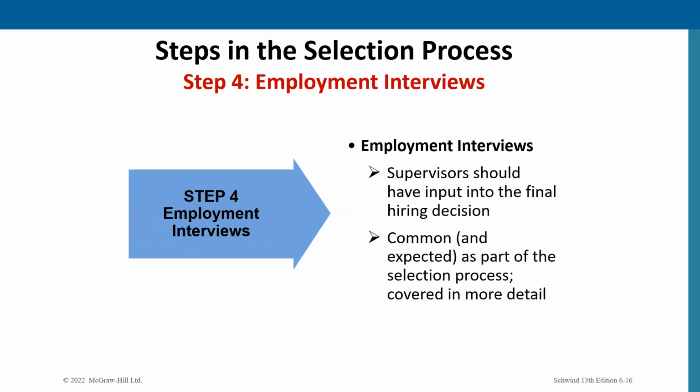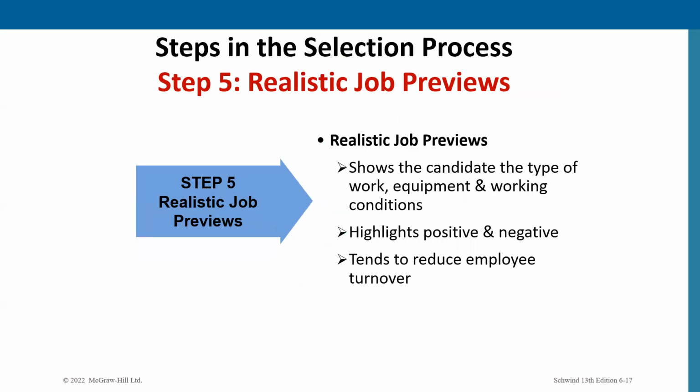Step number 4, we have interviews. The selection, some people have the chance to enter this stage, and that is interviews, a very common part. Step number 5, we have realistic job previews. Now, what is this part? When we talk about realistic job previews, they involve showing the candidate the type of work.